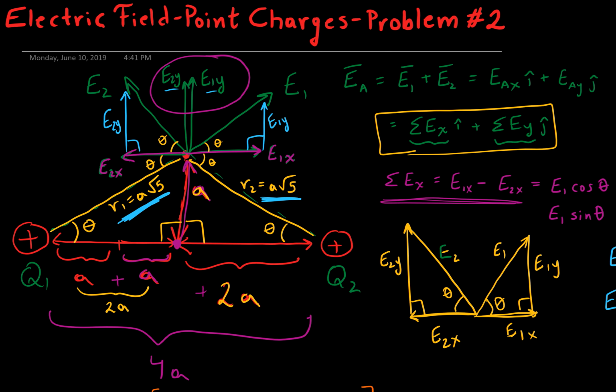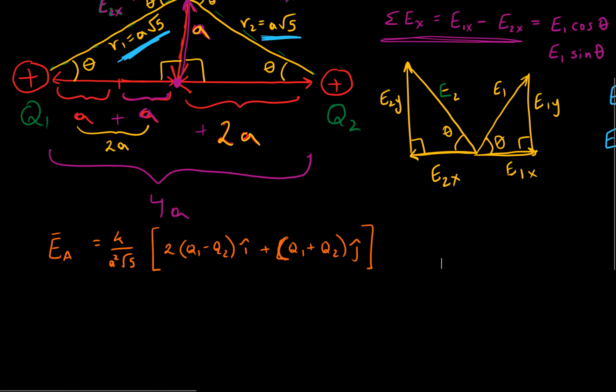If we look at this carefully, we see that if the charges were of the same value in magnitude, meaning that q1 was equal to q2, so let's say q1 is equal to q2, which is equal to q, then we can automatically see that under that premise, this electric field vector only has a y component, because the difference of q1 minus q2 would yield 0, and 0 times anything is just 0, so the i hat component is 0.